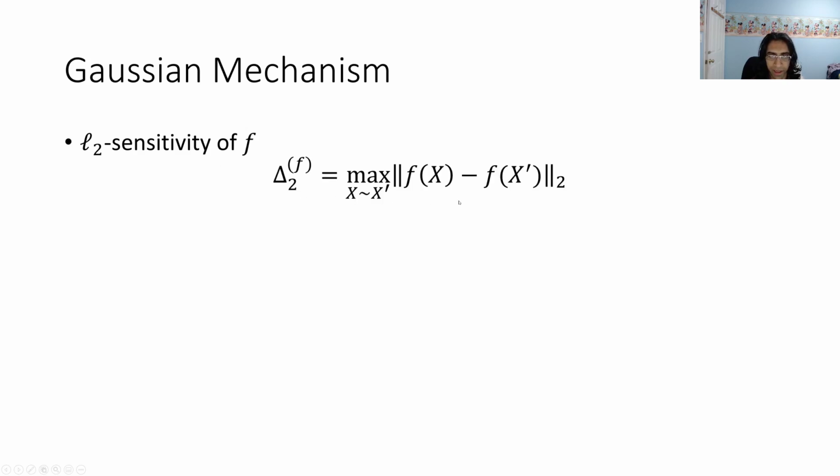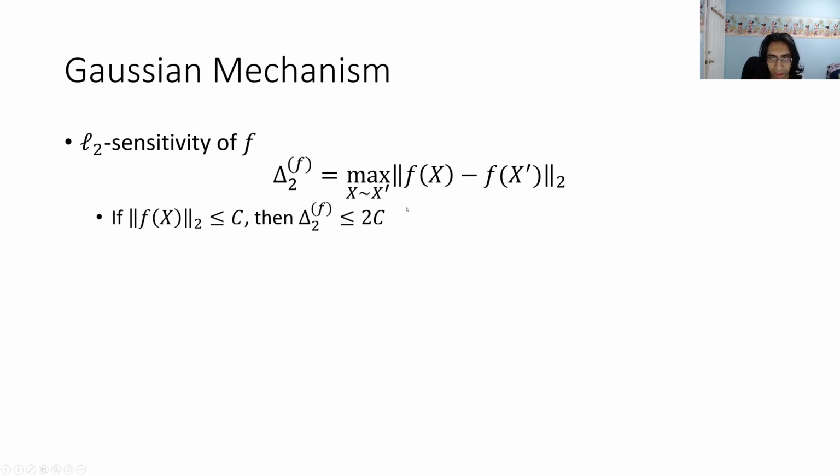You take the difference between the function applied to some data set x and the function applied to some data set x prime, and you take the L2 norm of their difference. And you take the maximum of this over all x and x prime which are neighboring, that is, differing in only one entry. So it's a very intuitive notion. How much can the function change in the worst case if you change one entry in the data set?